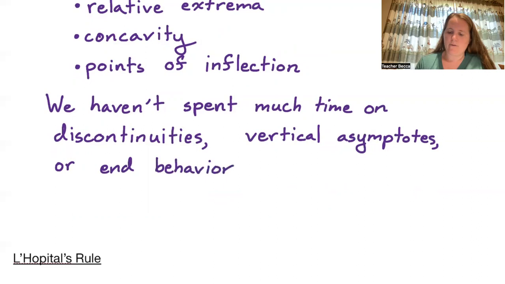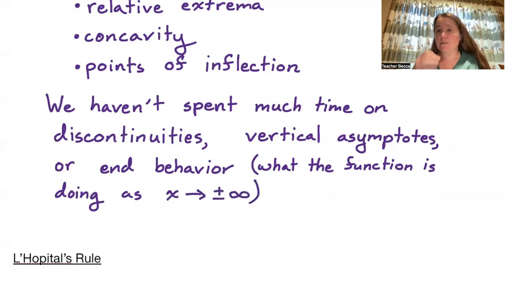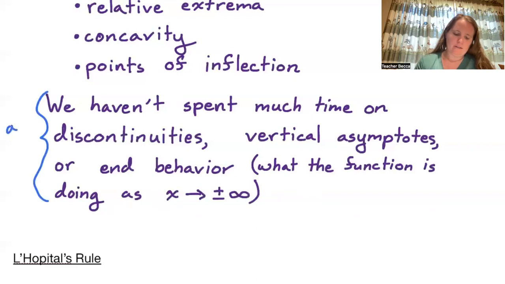And by end behavior, I refer to essentially what the function is doing as x goes to plus or minus infinity. So discontinuities, vertical asymptotes, and end behavior all involve limits.